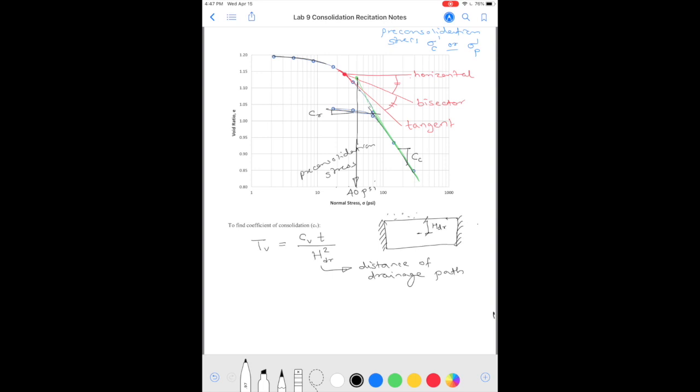Because we have porous stones on both sides, the maximum drainage path that a soil water particle is going to have here in the middle is either going up or going down, and it's half the thickness. So that's one thing to remember. And we are going to use two methods. One is called the square root of time method, and another one is the logarithm of time method.